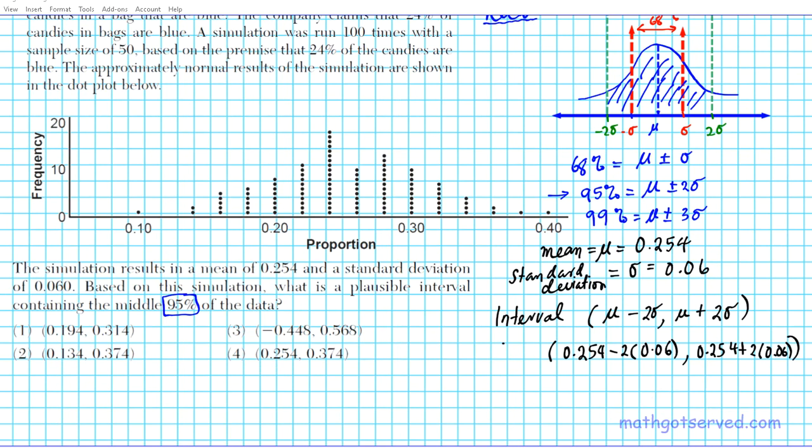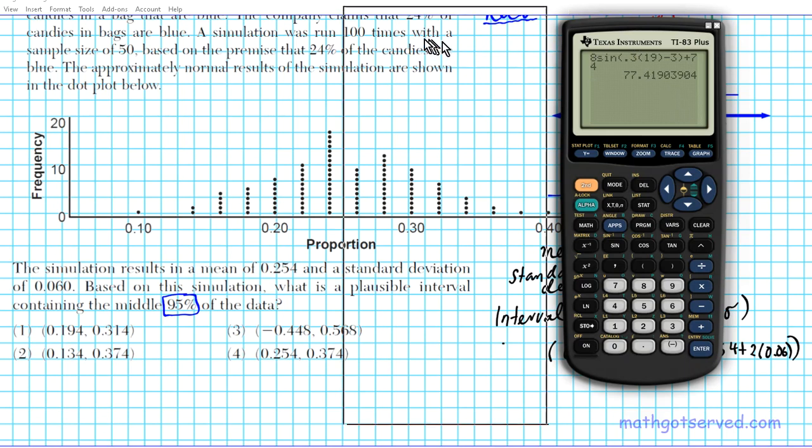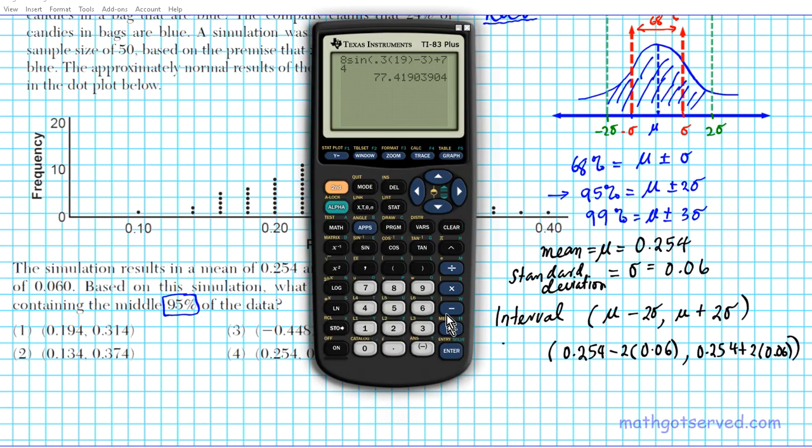Let's fire up our calculators and determine what the interval that we're looking for is going to be. So 0.254 minus 2 times the standard deviation, 0.06. Okay, 0.06. My calculator isn't cooperating this morning, so 0.254 minus that gives us 0.134.